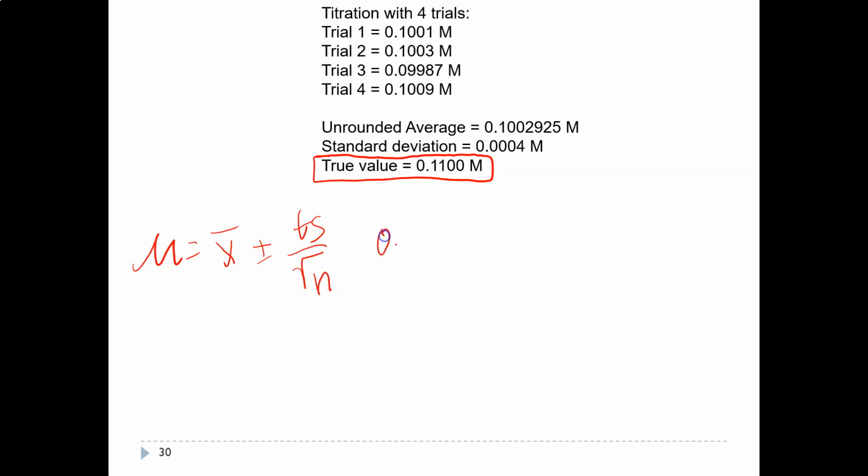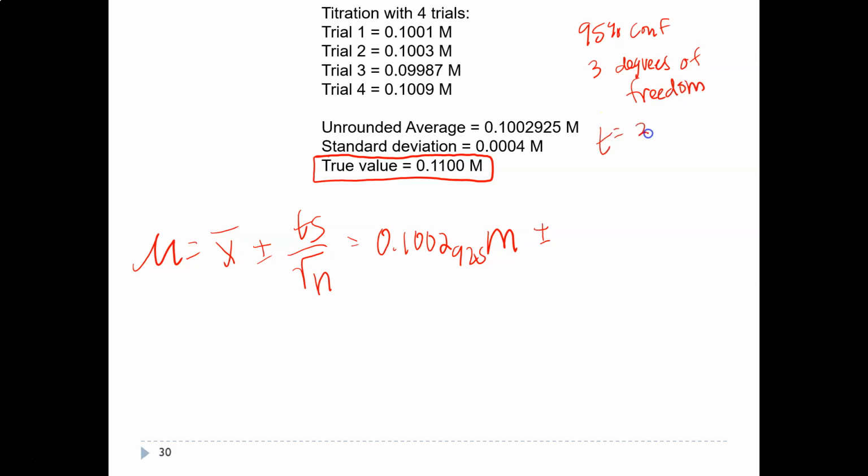We would take the average value, put it in for the mean, plus or minus. The t-value came from the table at 95% confidence with 3 degrees of freedom. The t-value was 3.182, so 3.182 would go in the t-value.